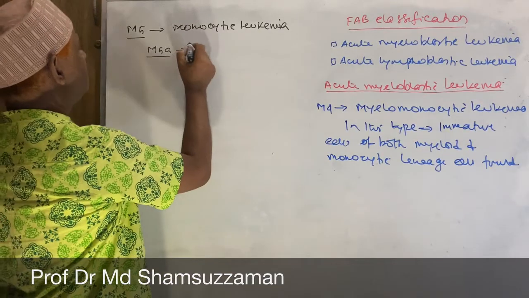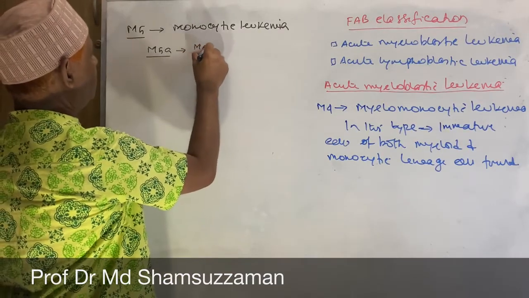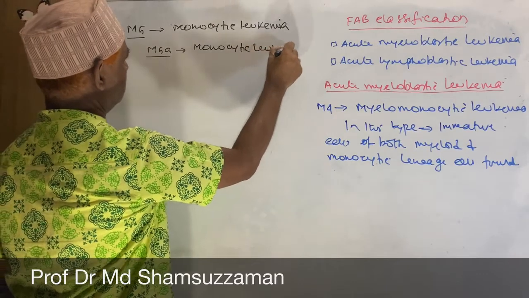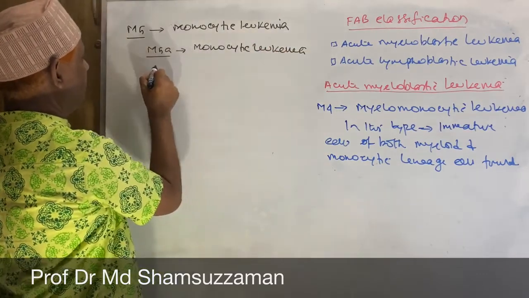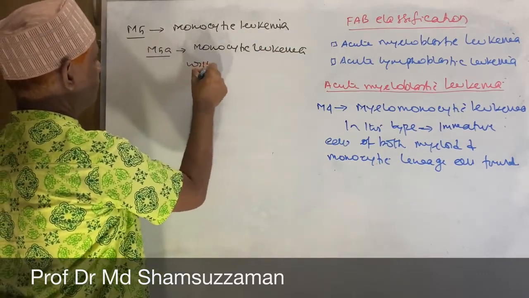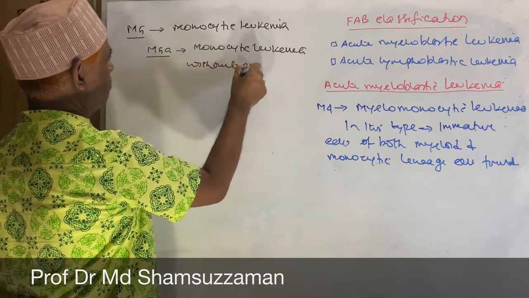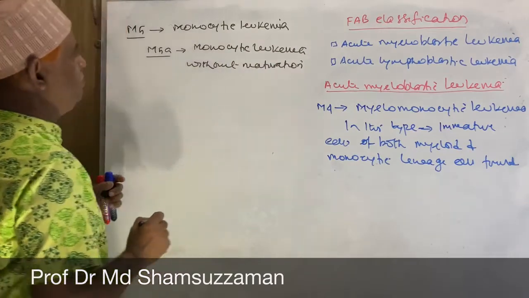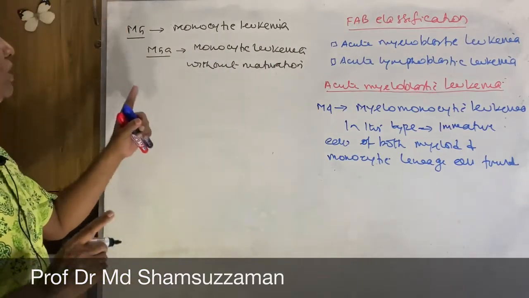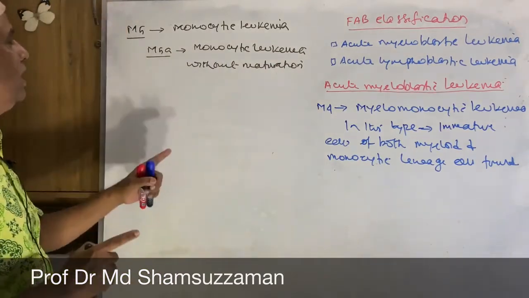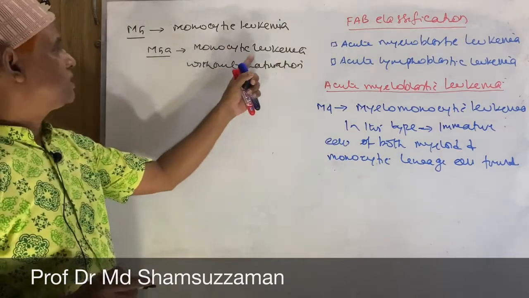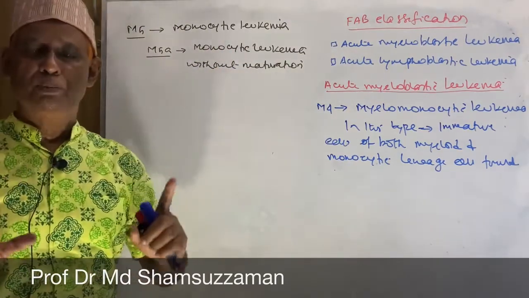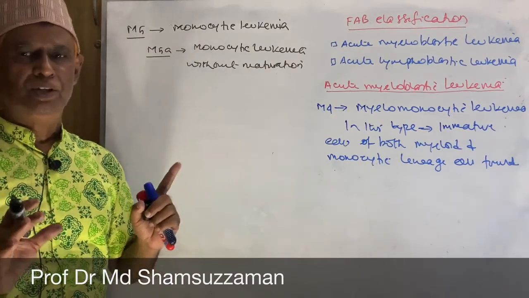M5A is monocytic leukemia without maturation. What does it mean? It is definitely acute monocytic leukemia. The blast cells that we find in M5A, most of the cells are undifferentiated.